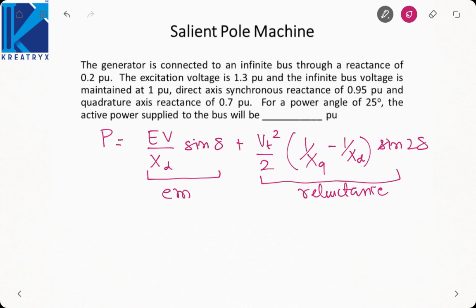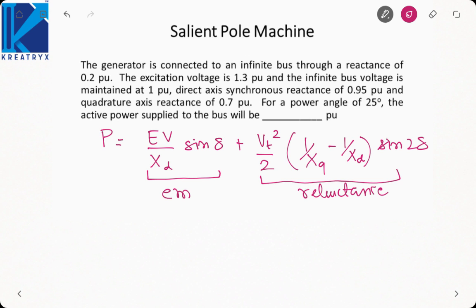That will give you the condition for maximum power. The next thing that you have to remember is, if you add any reactance or any impedance in series with the machine, it will equally be added in direct axis and quadrature axis.